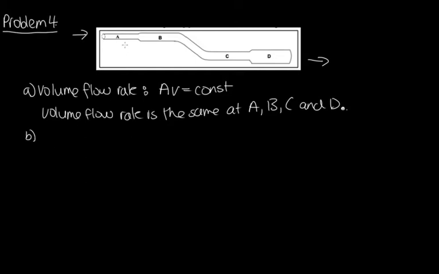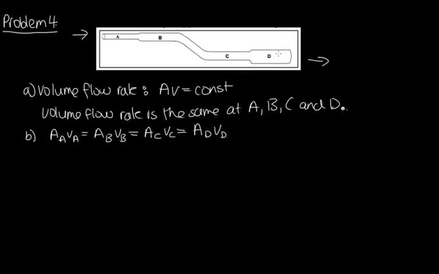So to rank the velocity, we will use this volume flow rate equation. We know that the area at A times the velocity at A is equal to the area at B times the velocity at B, which is equal to the area at C times the velocity at C, which is equal to the area at D times the velocity at D.